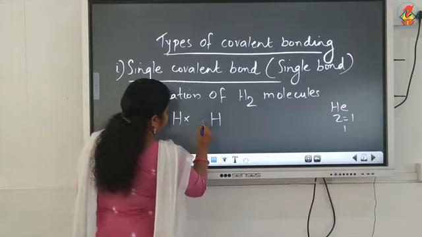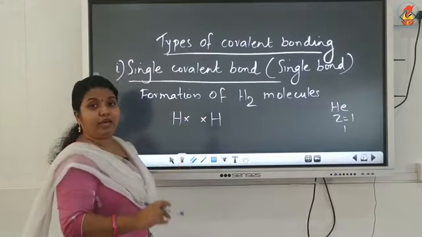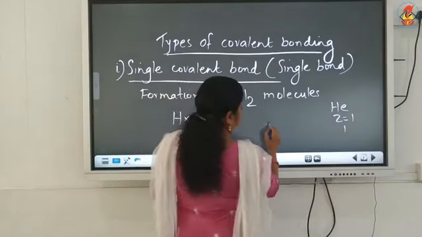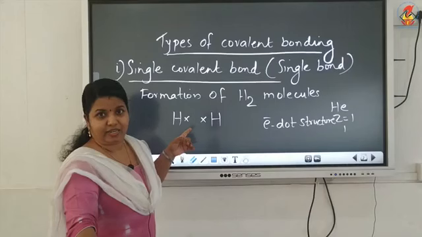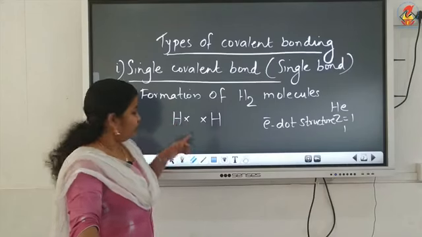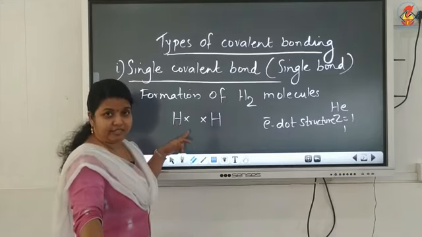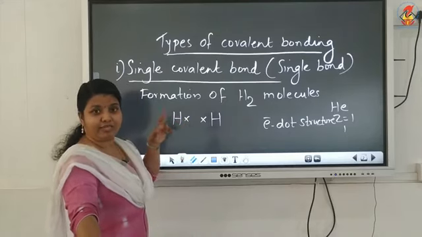In the last chapter you learned the electron dot structure, where we represent only the electrons in the valence shell around the symbol of the element. The symbol of hydrogen is H, and around that we represent the valence electron only.